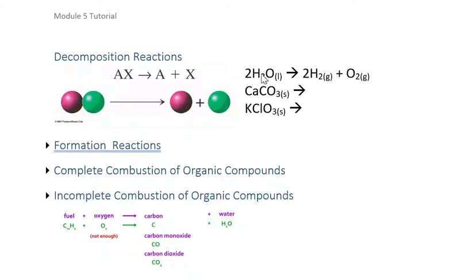And if we write that out and then balance it, I know that it takes two liquid water molecules, that could be a gas actually, two water molecules that if I decompose it, I form two hydrogens and one oxygen molecule. That's what we mean by a decomposition reaction.